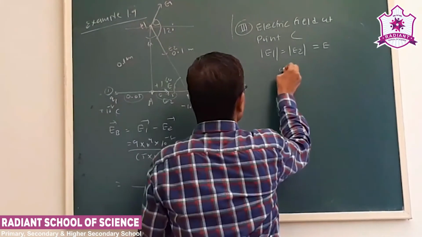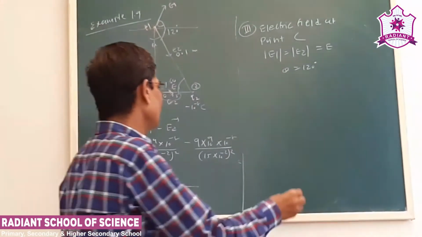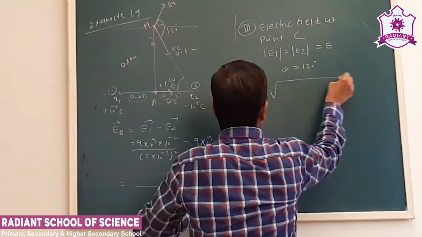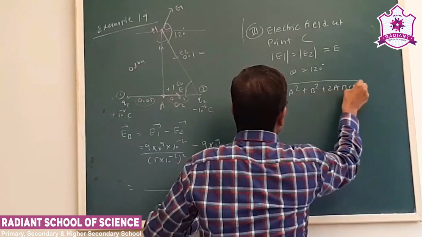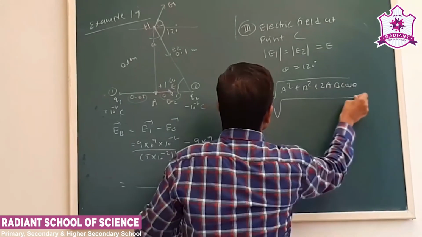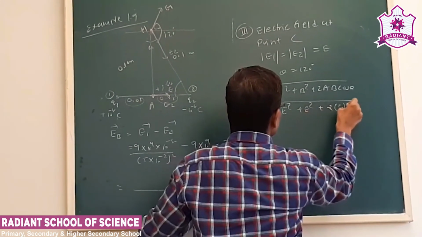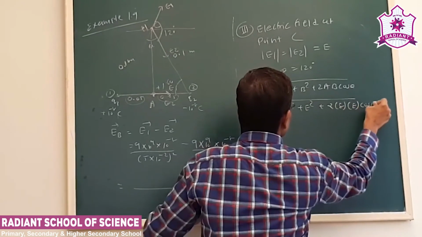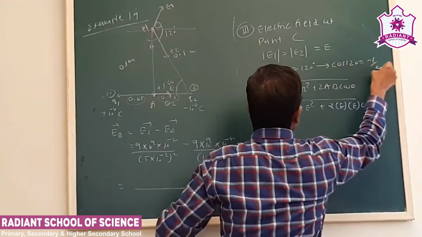So here theta is 120. Now again we can use the formula R equals square root of a square plus b square plus 2ab cos theta. So E square plus E square plus 2 E square cos 120, and we know cos 120 is minus 1 by 2.